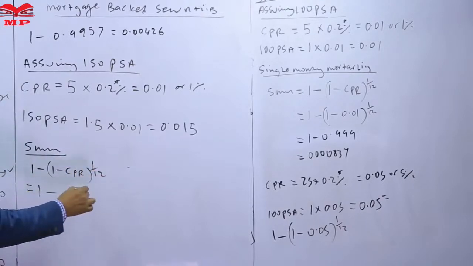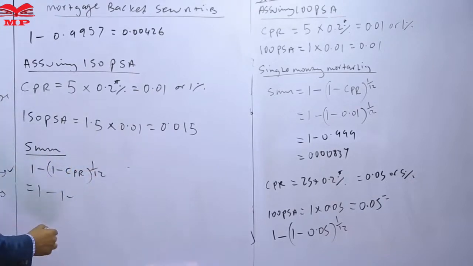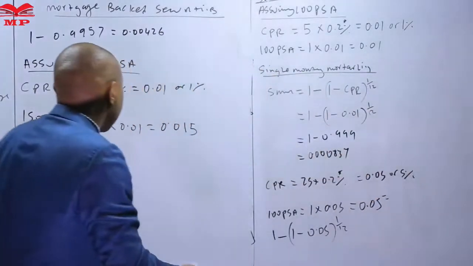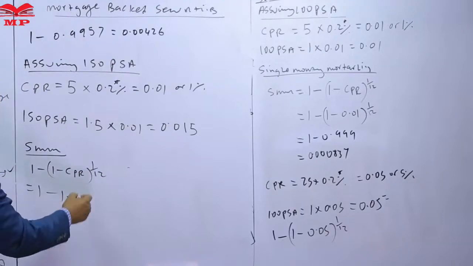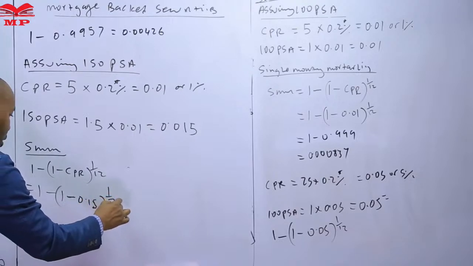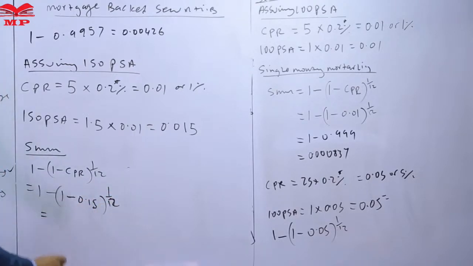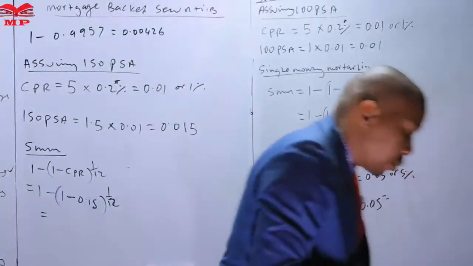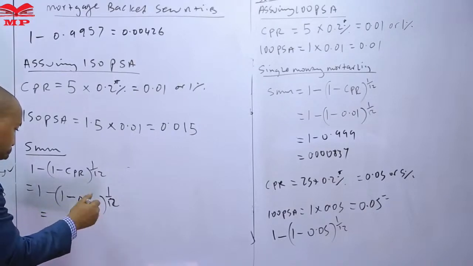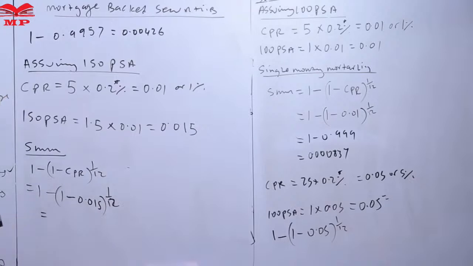The CPR is 0.015, which we've computed over there. So it's 1 minus 0.015.